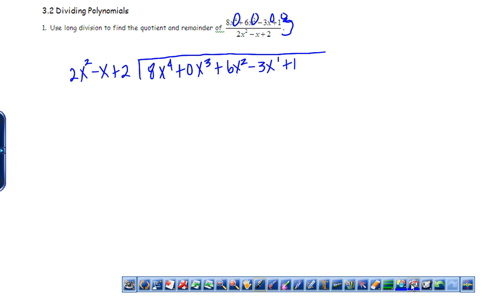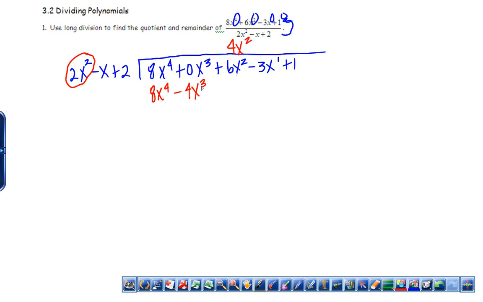All right, when I'm dividing, this is what I do. I take my first number, and I see what do I need to multiply by 2x squared to get the 8x to the 4th. And that's going to be a 4x squared. So that gives me 4x squared. You're going to multiply the 4x squared by all of these numbers. So 4x squared times this gives me 8x to the 4th. 4x squared times negative x gives me negative 4x cubed.